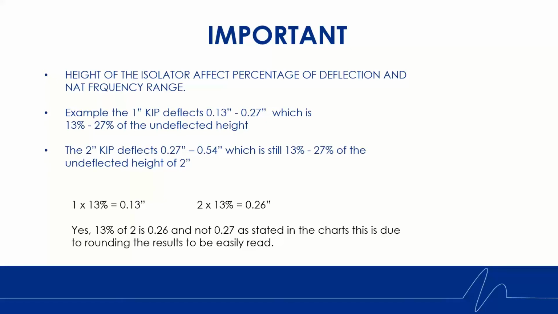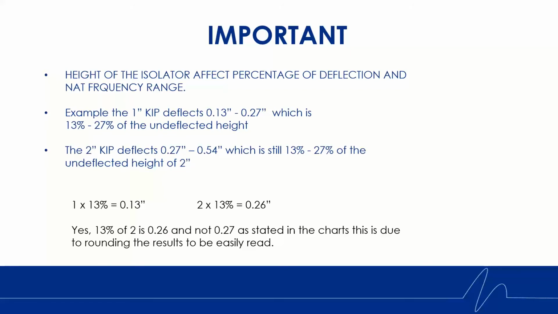For example, a 1 inch KIP deflects 0.13 to 0.27, which is 13% to 27% of the undeflected height. The 2 inch KIP deflects 0.37 and 0.54, which is still 13 to 27% of the undeflected height of 2 inches.